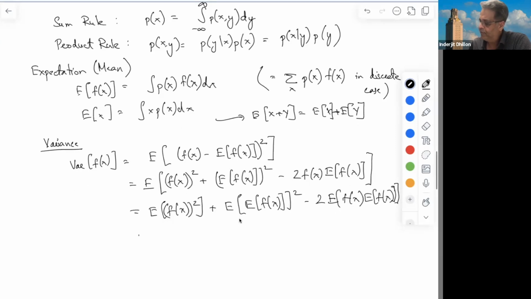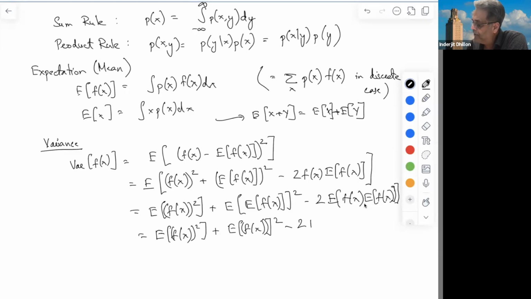Okay, this first part remains the same, f of x square. The next part is basically the expectation of an expectation, which is a constant. So I get rid of the outer expectation. And then over here I have 2 times, this is a constant, so I have the expectation of f of x appearing times the expectation of f of x, right?